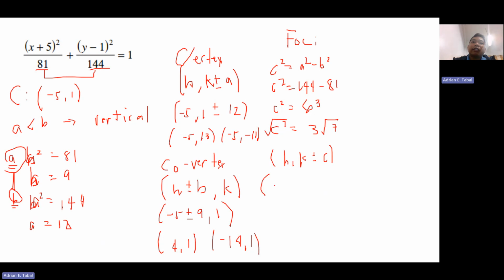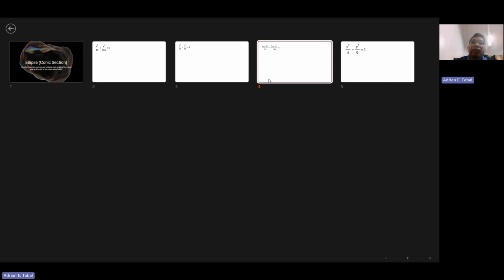So our h is -5. K is 1 plus minus 3 square root of 7. Since you are not allowed to use your calculator, so just remain the radical. So we have -5, 1 plus 3 square root of 7. And we also have -5, 1 minus 3 square root of 7.